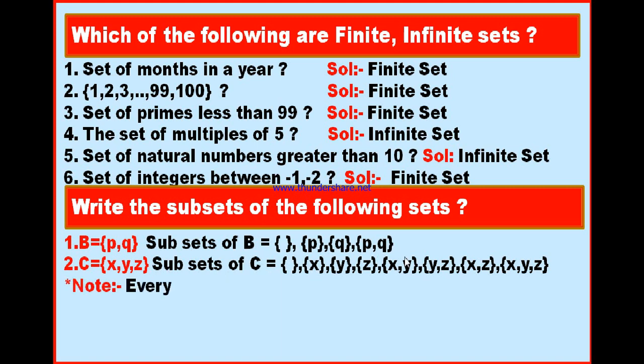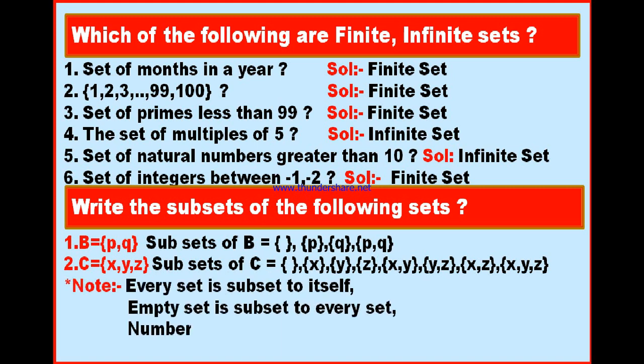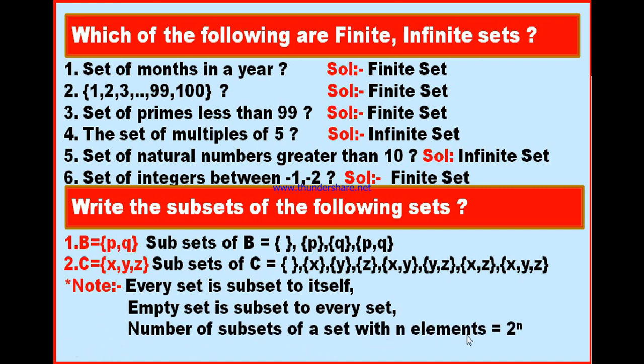From this, you can conclude that the number of subsets of a set with n elements is equal to 2 power n. If a set contains 2 elements, then the number of subsets is 2 square, 4. If a set contains 3 elements, the number of subsets is equal to 2 cube, therefore 8 subsets. If a set contains 4 elements, then the number of subsets is 2 power 4.